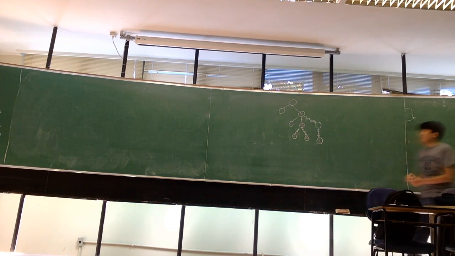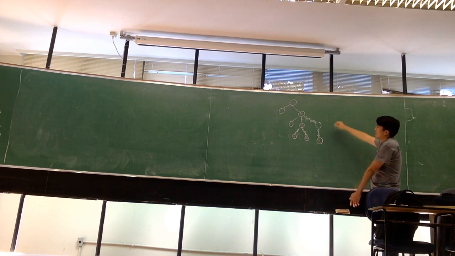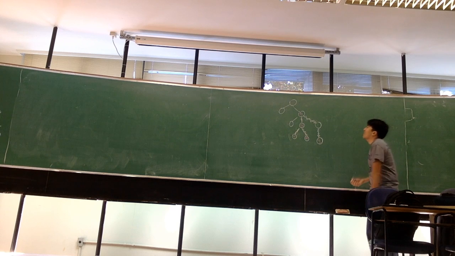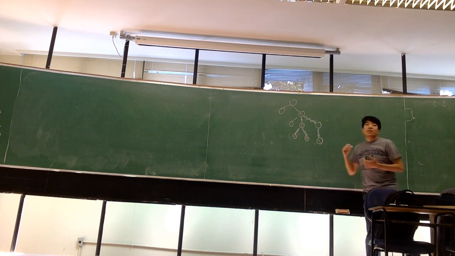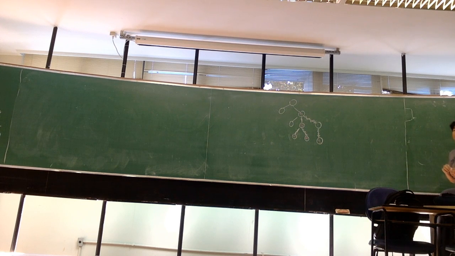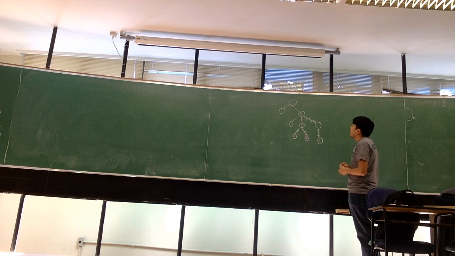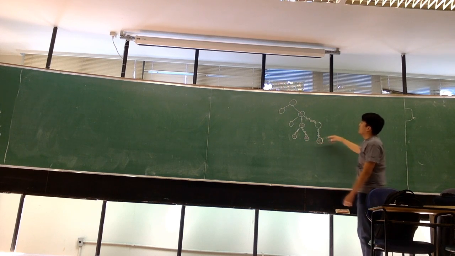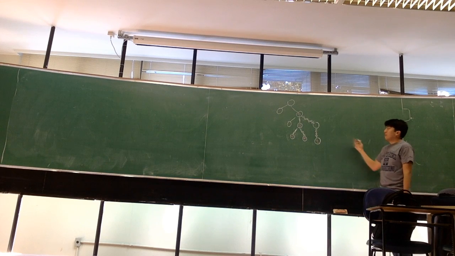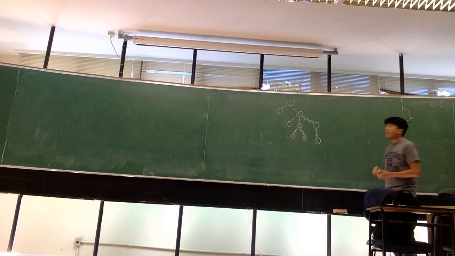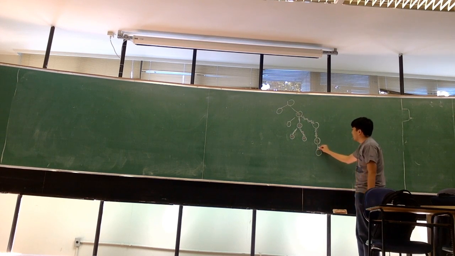So the set of edges that we need to restore forms a connected component, and since the graph is a tree, this connected component also has to be a tree. And moreover, we know that the leaves of this subtree must belong to the subset that's given to you. Because if that's not the case, then clearly these edges are not necessary.